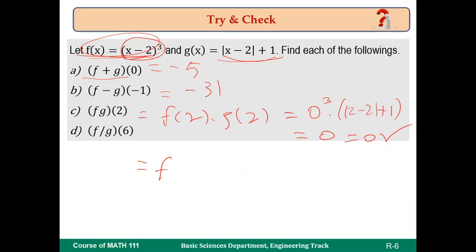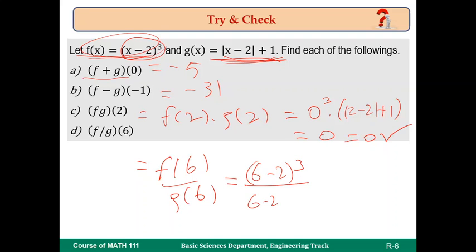And f over g at 6 is equal to f of 6 divided by g of 6. And then you calculate 6 minus 2 cubed here, and we calculate g of 6 here. It will be the absolute value of 6 minus 2 plus 1, so it will be 4 cubed divided by 4 plus 1. It makes 64 divided by 5.